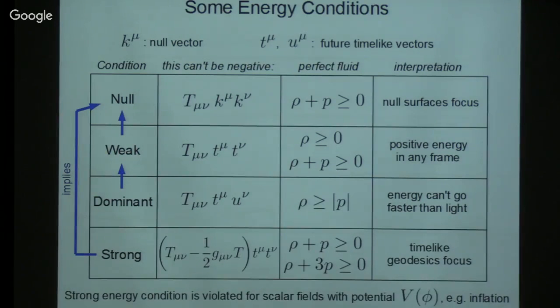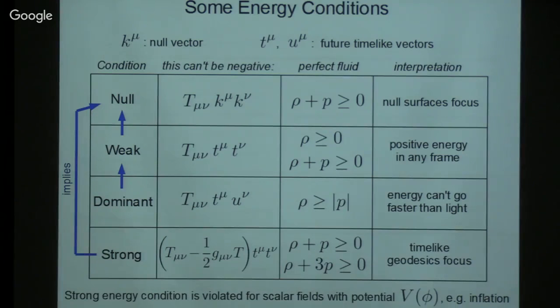So in what follows, K represents a null vector. That means a vector pointing in space-time at the speed of light that goes on the light cone. And T and U will represent time-like vectors that point to the future of the light cone inside of it. Now, there are a number of different energy conditions that people use in general relativity. So I've just listed some of the more interesting ones here.